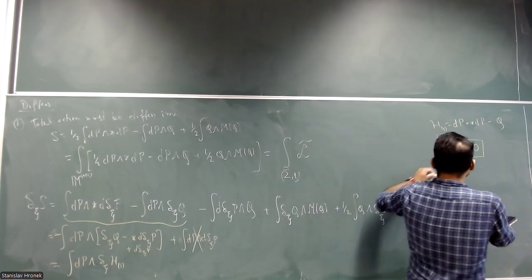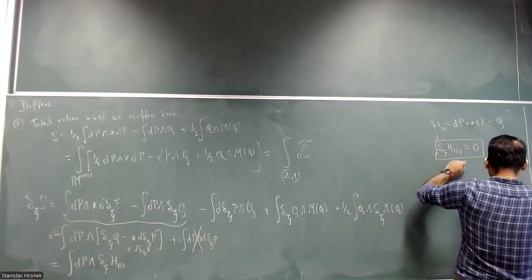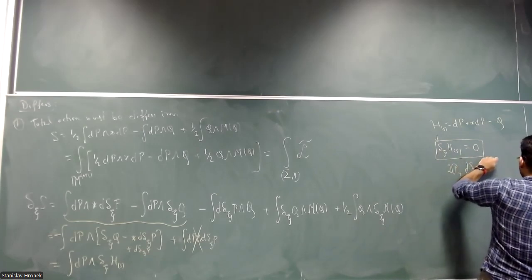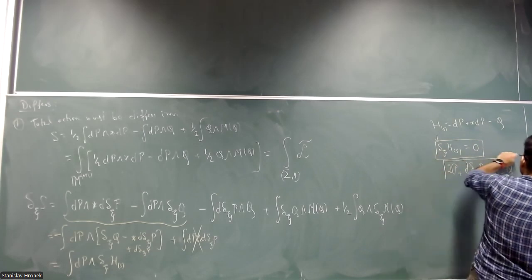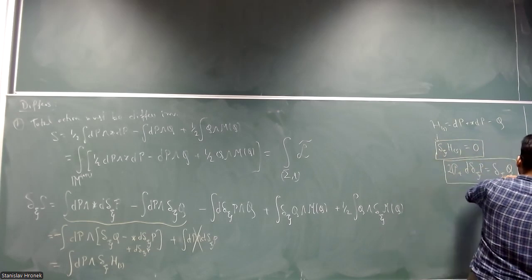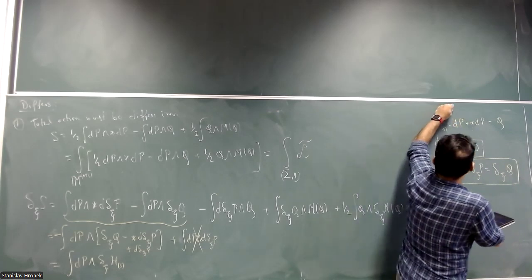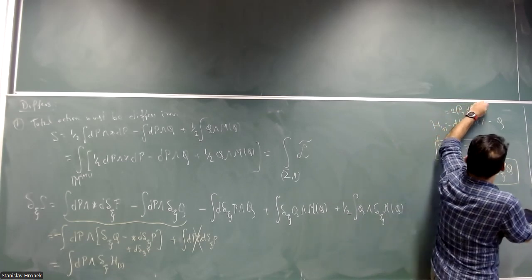And that essentially boils down to the fact that this is the answer. Because dp plus tau dp is nothing but twice of this tau dp plus dp.